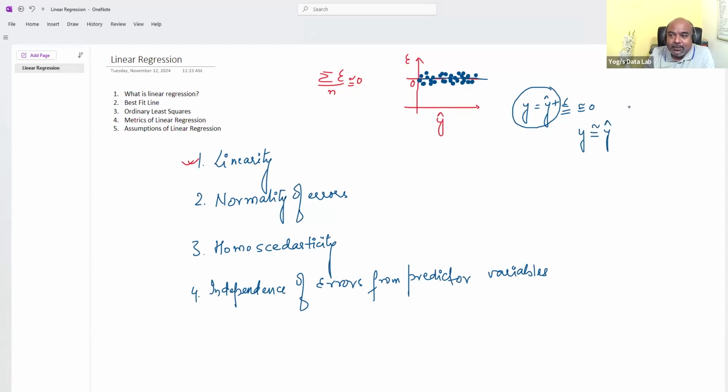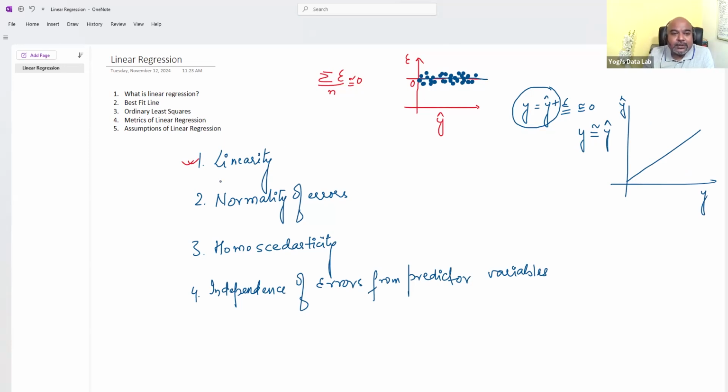If my y is approximately equal to y cap, if I draw a line, I should get a straight line between y and y cap, which means that I have achieved the linearity and all my x variables are linearly contributing towards my target variable y. That is linearity.